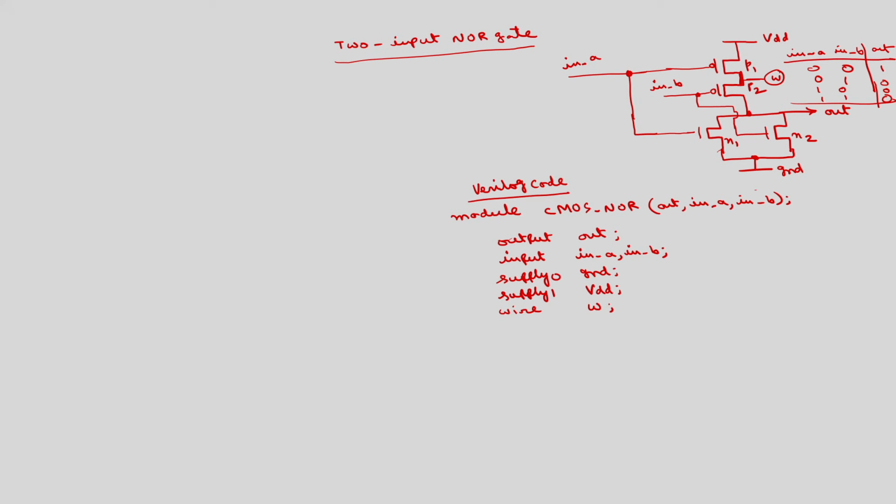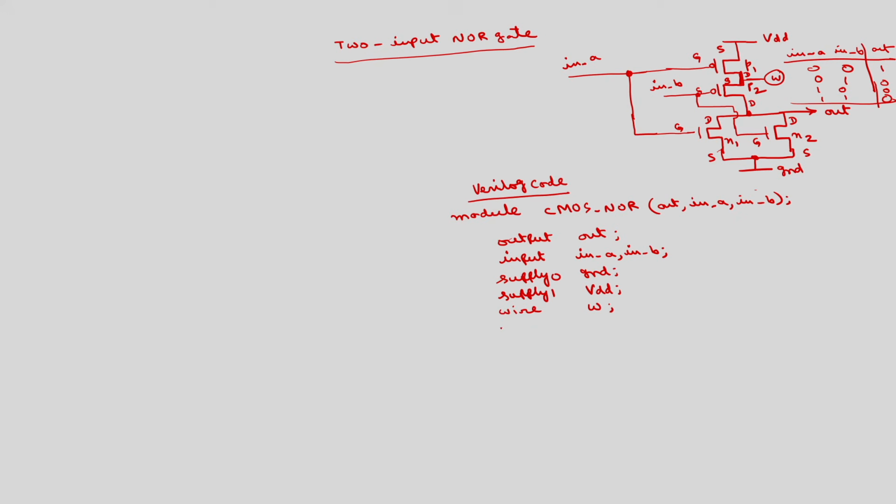And if you write down the source and drains of this one, these are the sources of both NMOS transistors, these are the gates, these are the drains. This is the source, gate, drain. This is again, sorry, this is source, gate, drain.